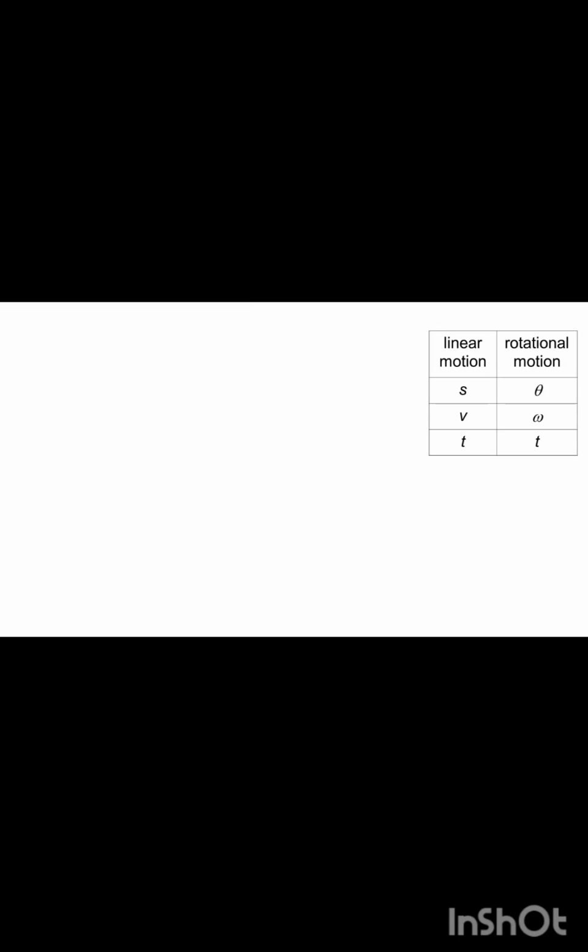Now if we compare linear motion with rotational motion, for linear motion the distance is given by s, the speed is given by v, and time is given by t. But for rotational motion, the displacement is the angular displacement, given by theta, and the speed is the angular speed, given by omega, and of course the time t is the same for both.